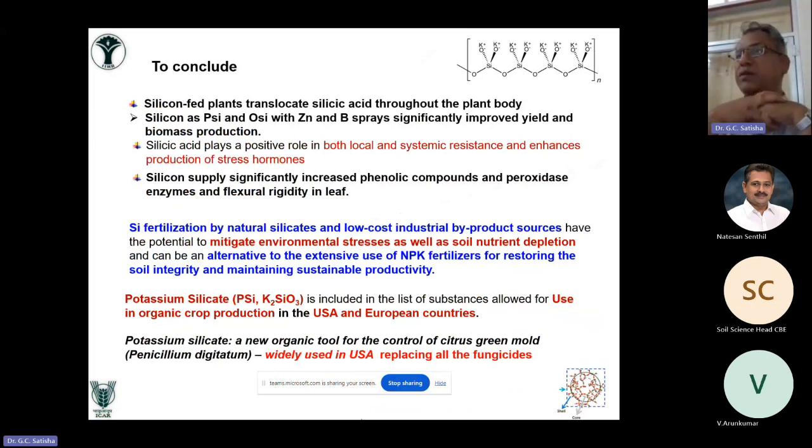And probably in future, we may have an alternative source of these fertilizers. Because today our sources are very limited, especially with regard to phosphorus and potassium fertilizers, and even nitrogen also. Nitrogen, probably unless we tap the ammonia from the environment, most of the fertilizer industries, most of the fertilizer plants are very good.